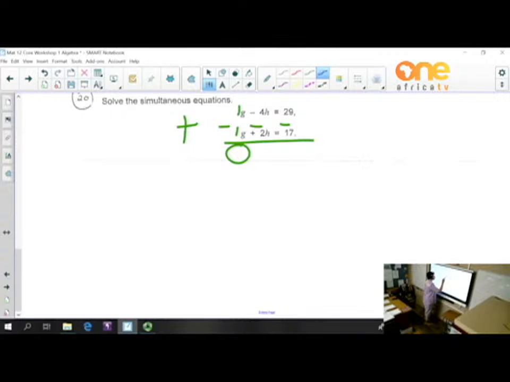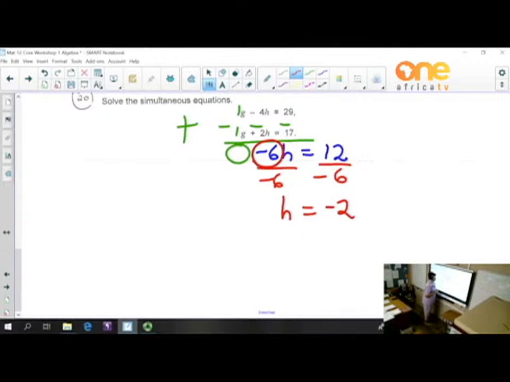Negative 4, negative 2, again do it on your calculator. Negative 6h is equal to, on the other side, 29 minus 17 is equal to 12. Now I divide with the coefficient, so h is equal to negative 2. Remember, this is the coefficient.